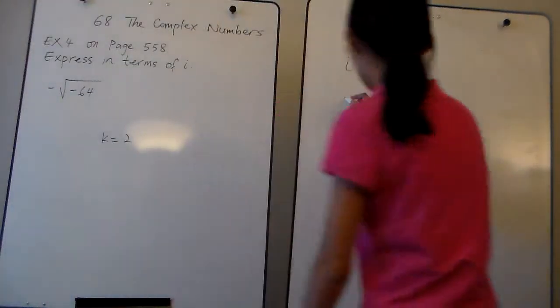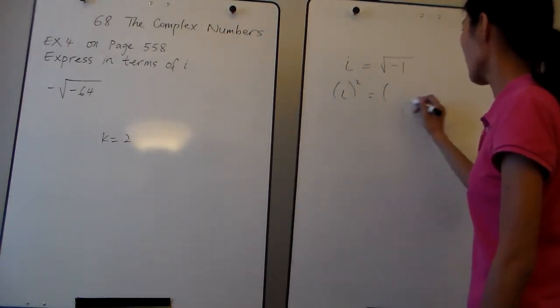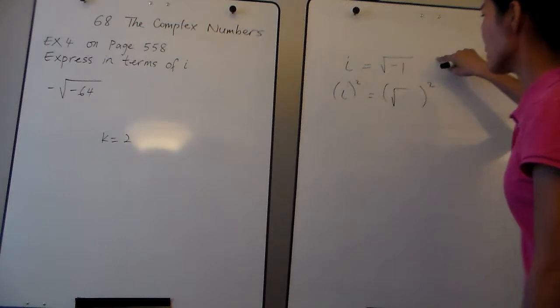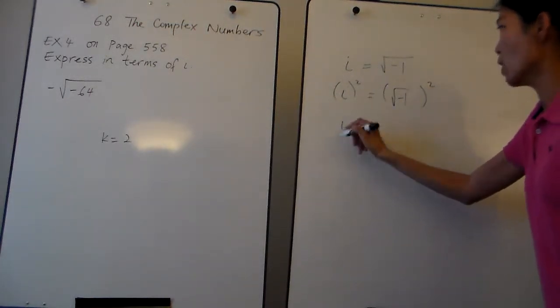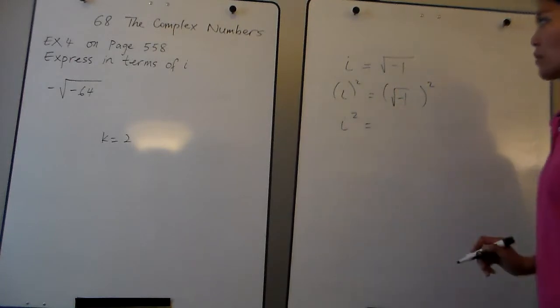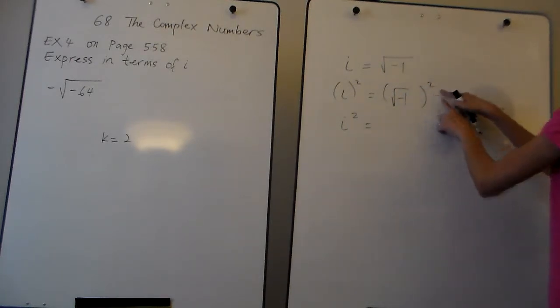And if you square both sides, from this you would get i squared, simplified without parentheses, it's still i squared. This is a square root, and you raise it to the second power.